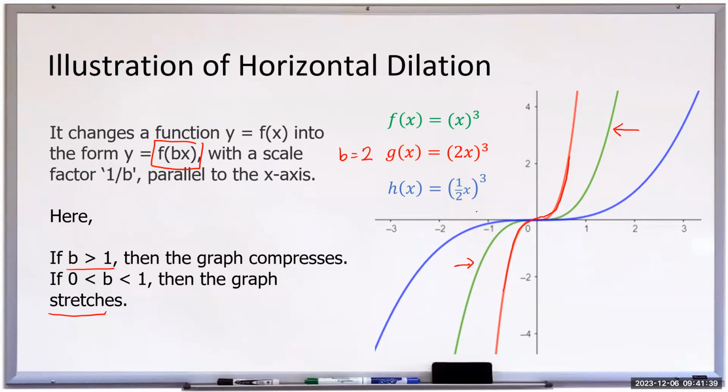And for the blue one, our b here is 1/2, and 1/2 is greater than 0 but less than 1. Therefore, we expect that the graph is stretched. So again, starting from our green parent function, we stretch the graph horizontally, resulting in the blue one. Okay, so take note of the direction of our compression and stretching. It should be parallel to the x-axis, meaning horizontal.